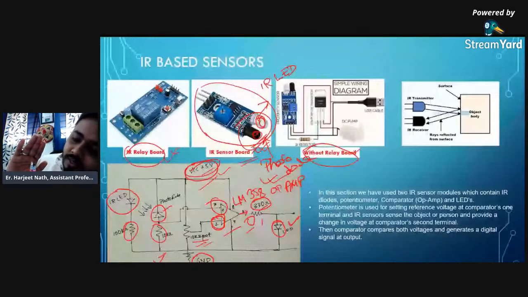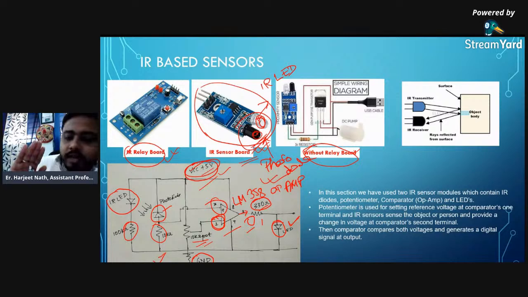That means the photodiode is able to trace the reflected IR light which is being transmitted by this LED light. Now as you bring your hand in front of it, the system gets switched on, and that will trigger some kind of action with the motor, so that your motor gets started, and your hand sanitizer liquid gets dispensed.